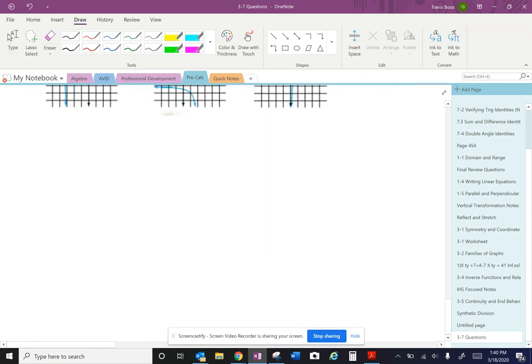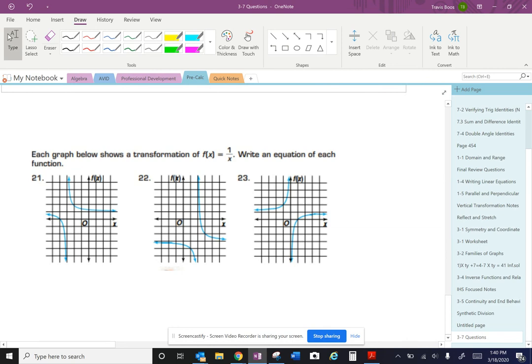And then lastly, I think Bell asked about how we find the equations below. So remember, the parent function is f of x equals 1 over x, and the asymptotes of this function intersect at the origin. I'm noticing that this is my vertical asymptote, this is my horizontal asymptote, and they meet 3 units to the left and 1 unit up.